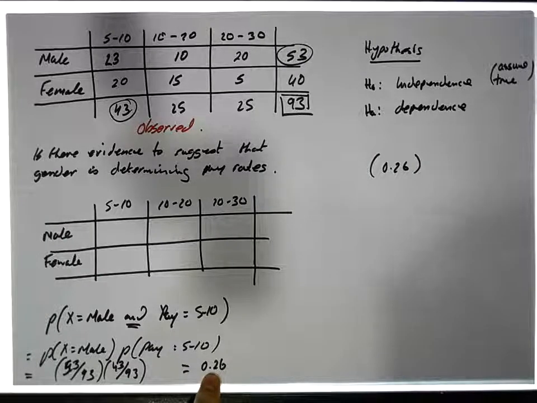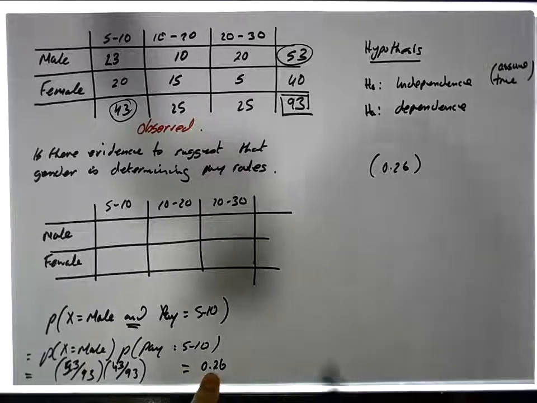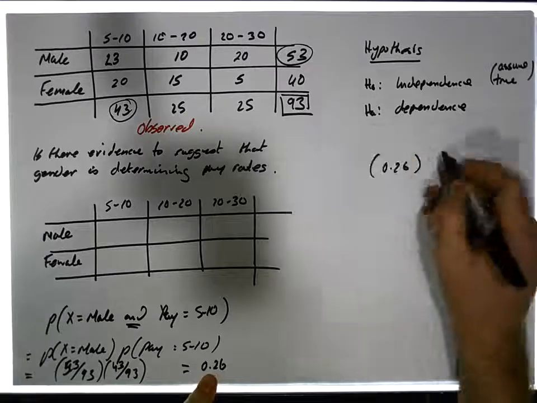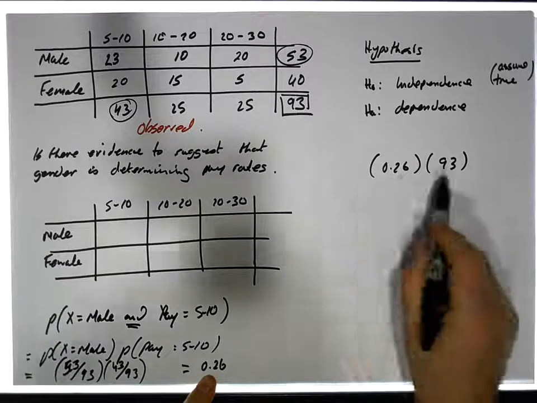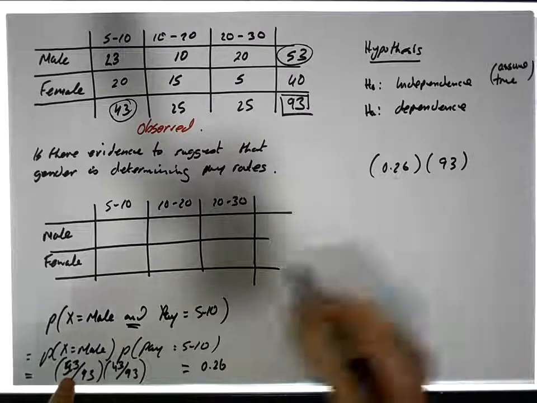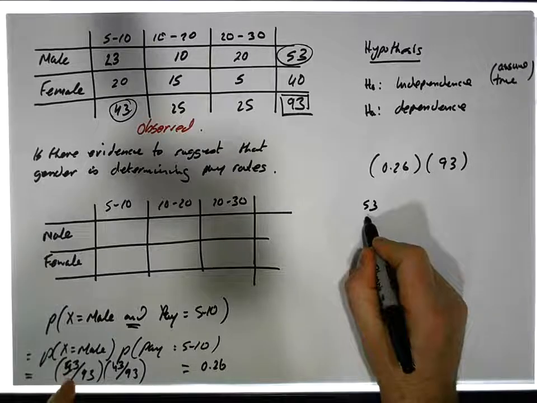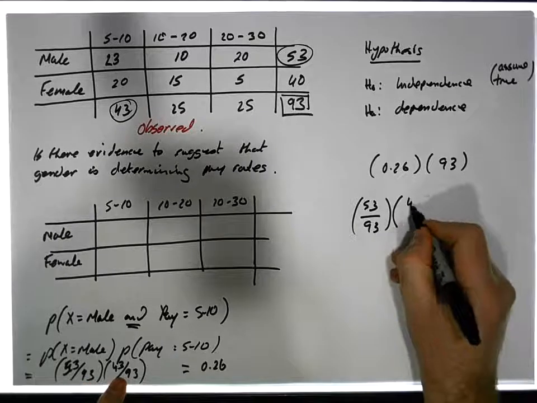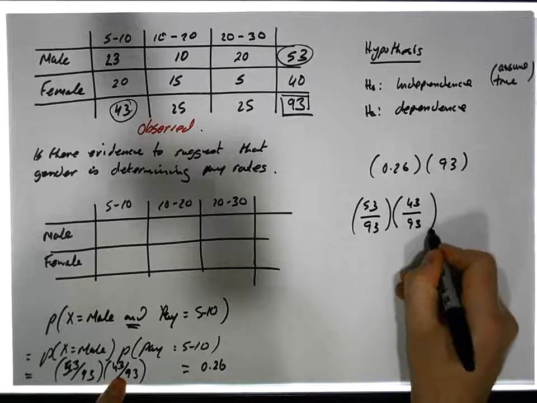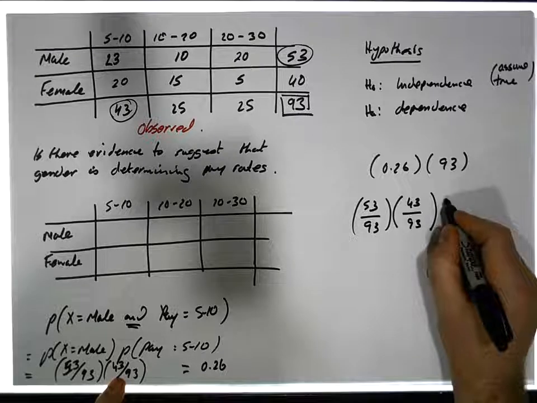So what I end up with is 0.26 multiplied by 93. Let's think about this here. The 0.26 was the 53 over the 93 multiplied by the 43 over the 93, multiplied by this 93.